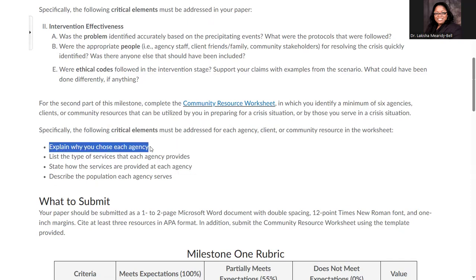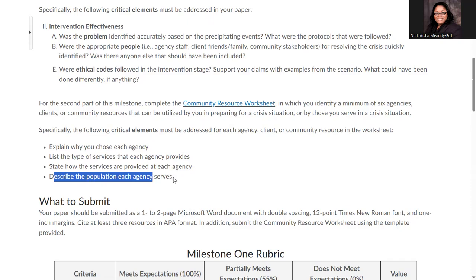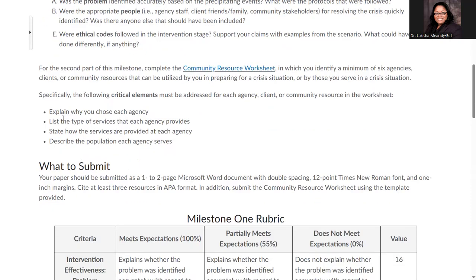Explain why you chose that agency, list the type of services that this agency provides, state how the services are provided at each agency, and describe the population that each agency serves. So for this second part of this milestone assignment, you will use the website to locate those agencies and to answer those bullets as well.